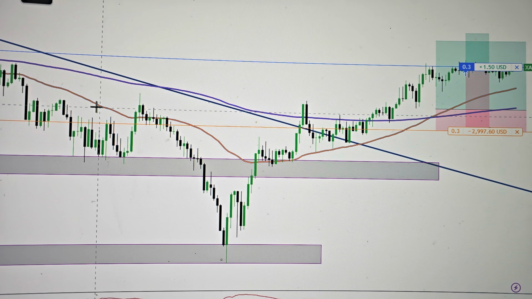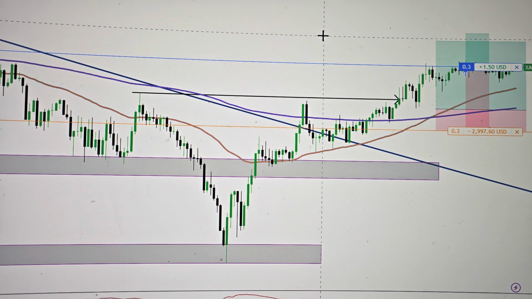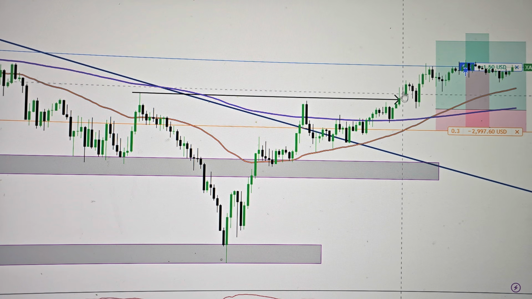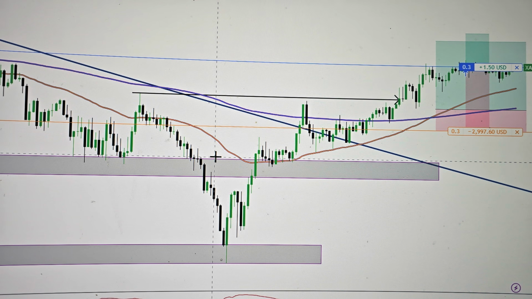So if we take our previous lower high, let's take it from there, and right there, boom. When this high got taken out, I knew that okay, this is a change of trend.